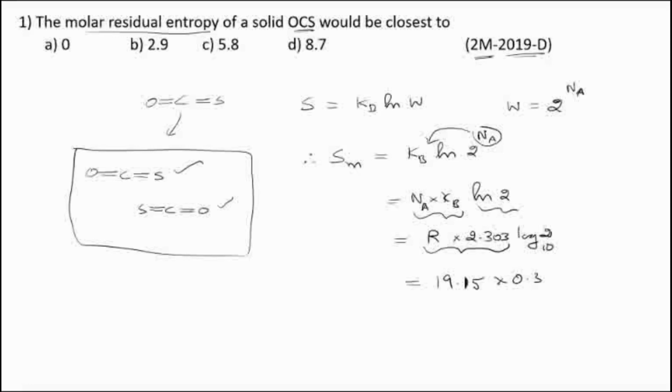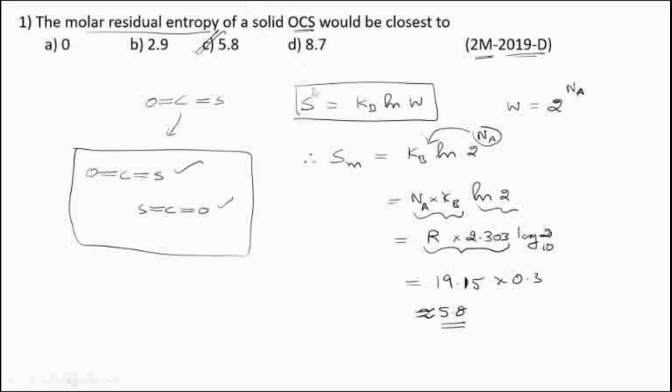Now if you multiply these two, you will get roughly 5.7. So the correct option should be option C, close to 5.8. So you can calculate the molar residual entropy of a substance using this formula, S is equal to Kb ln W.